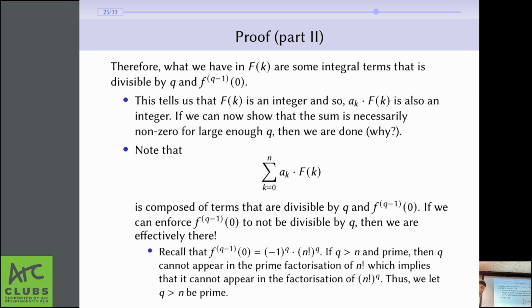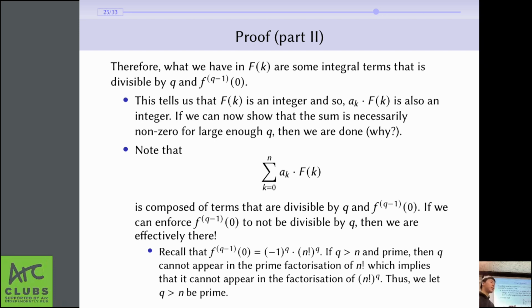So remember that the q minus 1 derivative of f evaluated at 0 was equal to minus 1 to the power of q times n factorial to the power of q. Now, if we look at the prime factorization of n factorial, which is 1 times 2 and so on, and if we know that q is prime and greater than n, then it can't appear in the prime factorization of n factorial.